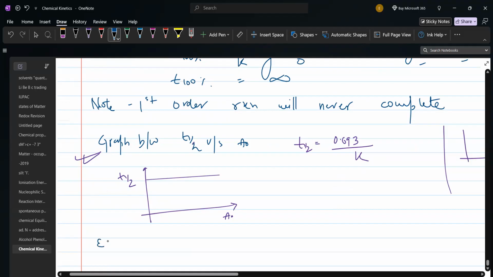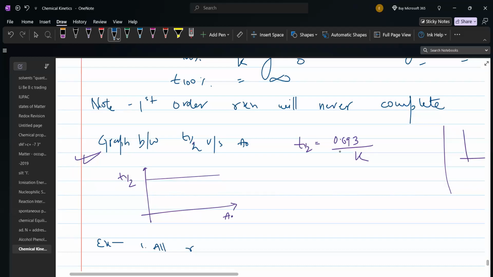This one is the most important one. You will again study this in physics, in radioactivity. T half is equal to 0.693 upon K. There the K will be replaced by a different name, lambda. So ln2 by lambda or 0.693 upon lambda.